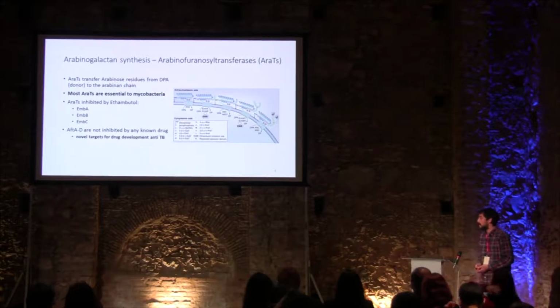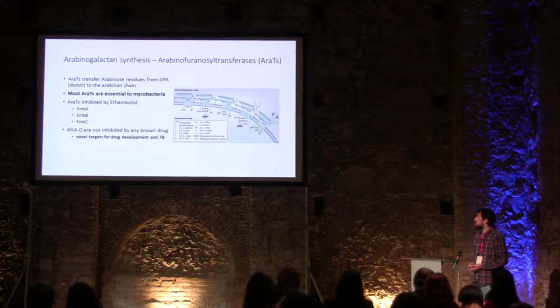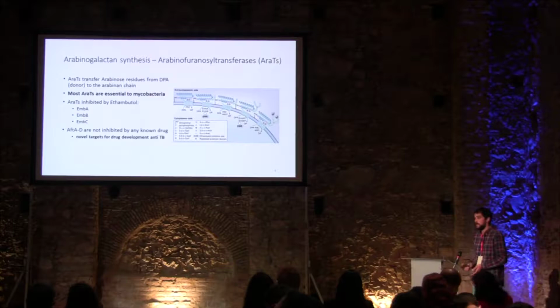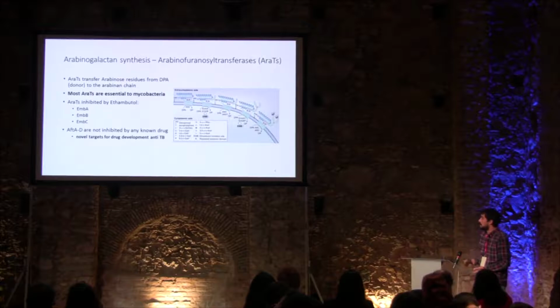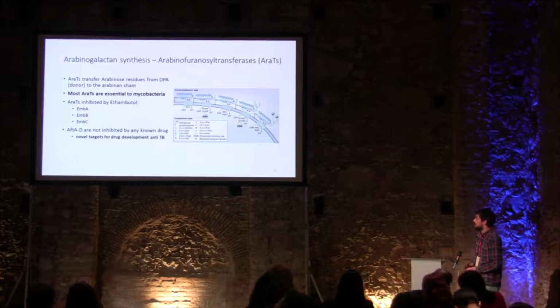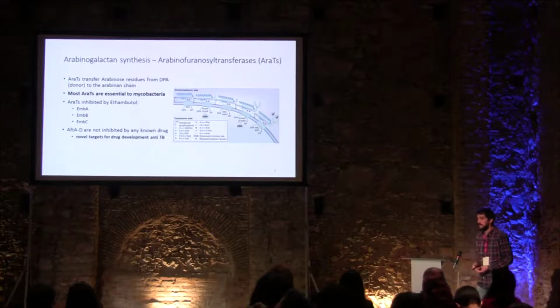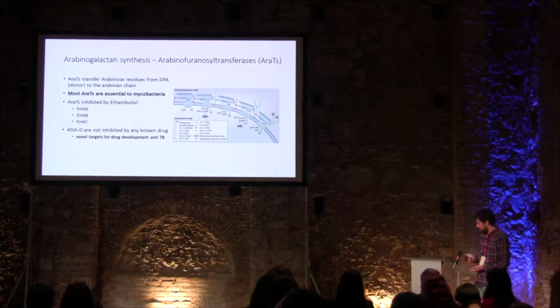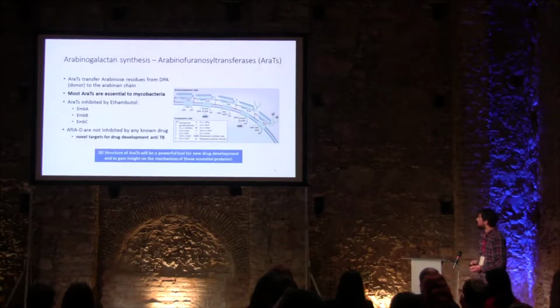We can classify these membrane proteins according to their inhibition by drugs. Some are inhibited by ethambutol: the EMBs are susceptible to the first-line drug ethambutol, but AftA, B, C, and D are not inhibited by any known drug, so they are novel targets against tuberculosis.